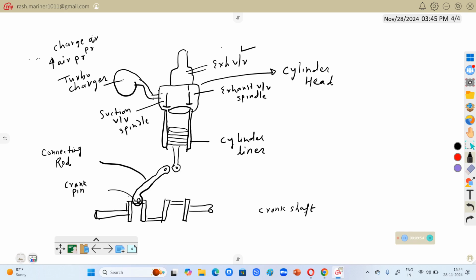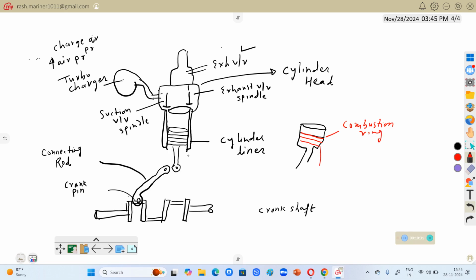So in the piston rings, on the piston, there are 3 rings. See, the topmost part is exposed to the combustion, so it is called the combustion ring.